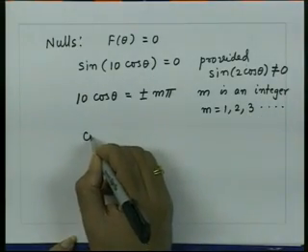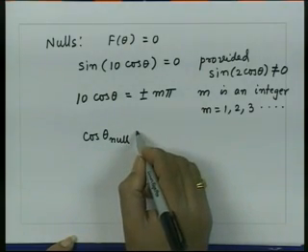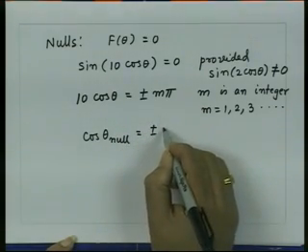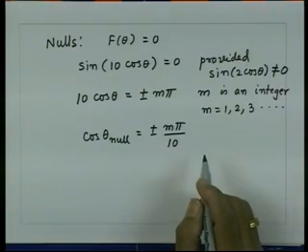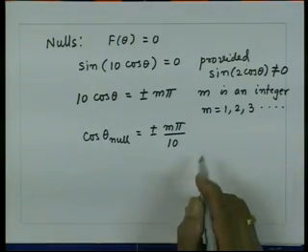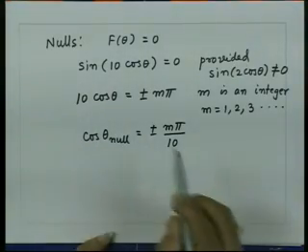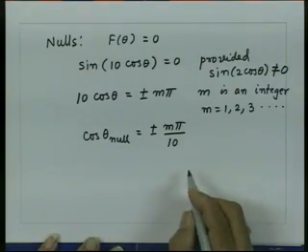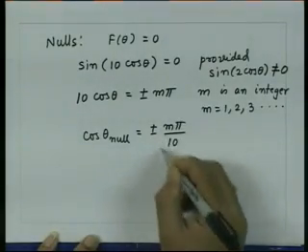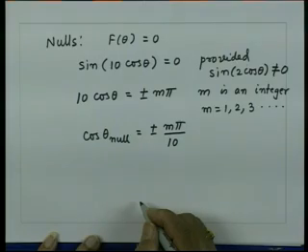So, we get cos theta null equal to plus minus m pi upon 10. Now, since the magnitude of cos of this angle should always be less than or equal to unity, essentially that means this quantity m pi upon 10 should be less than or equal to 1.